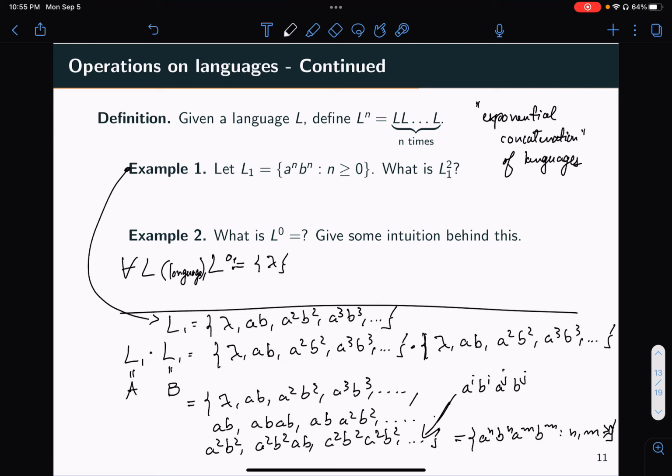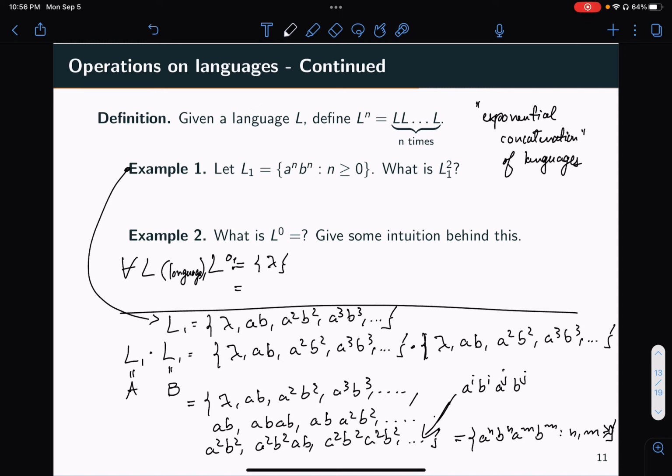And that's similar to the reason why taking a string and exponentiating it to the 0 is going to give you lambda. It's kind of the same reasoning here.